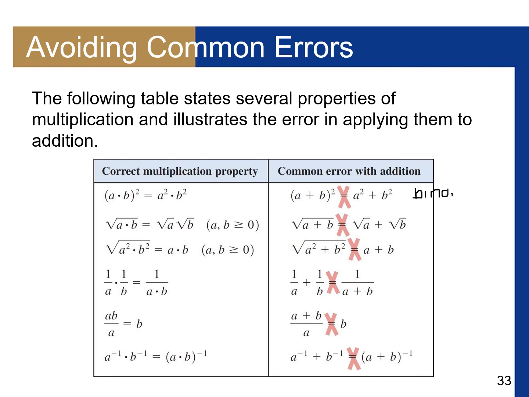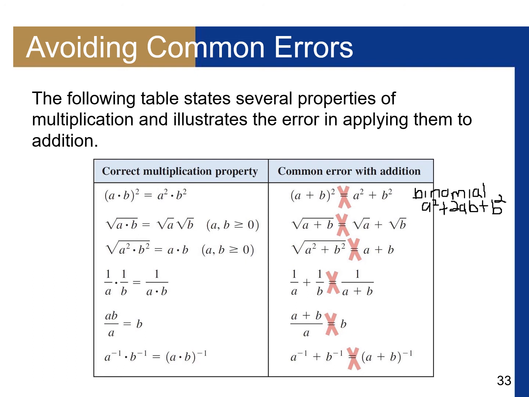If you remember right, you're going to square the first, square the last, multiply them both together, and then double it. So you would have a squared plus 2ab plus b squared. All right, so this is wrong, this is right.